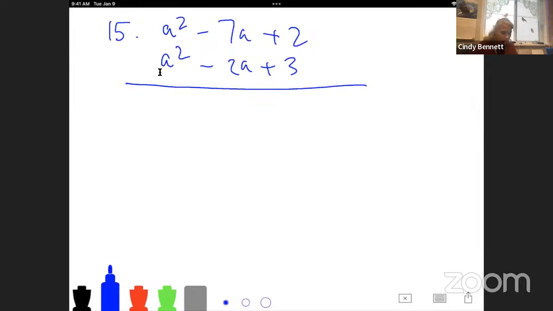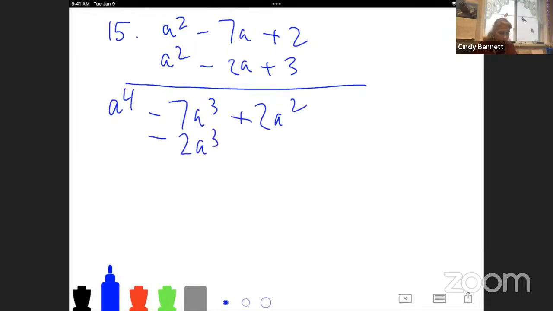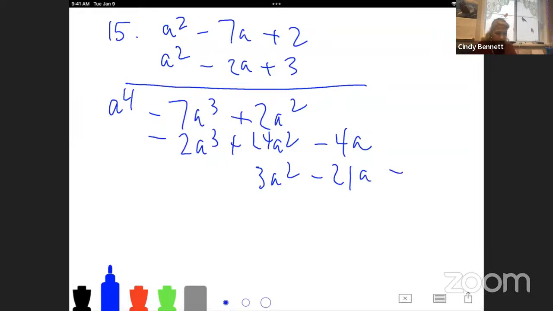polynomials. So a squared times a squared is a to the 4th minus 7a cubed plus 2a squared. Minus 2a cubed, so you can put that under the other a cubed, plus 14a squared minus 4a. And then 3 times a squared minus 21a plus 6.